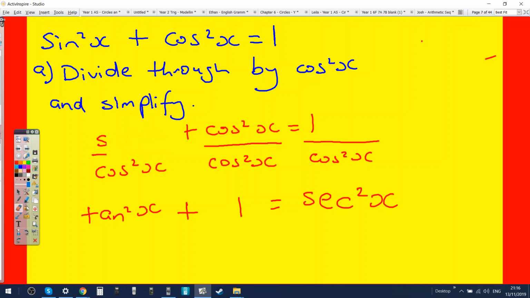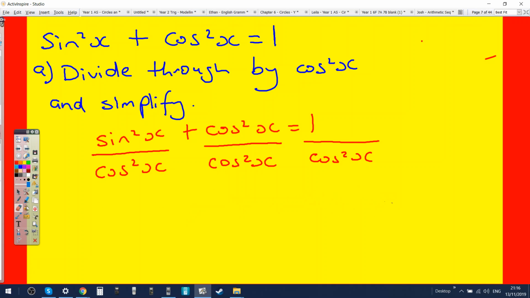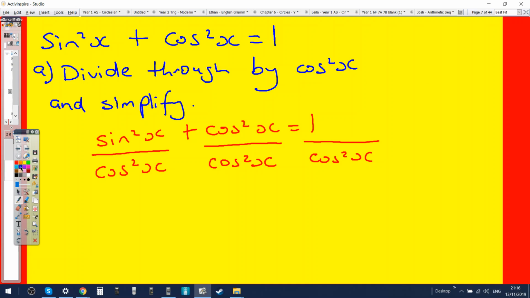This one, hang on. So you know this thing that you have, sine squared x plus cos squared x equals 1. Divide everything by cos squared x. What do you get? I believe it is sec squared x.